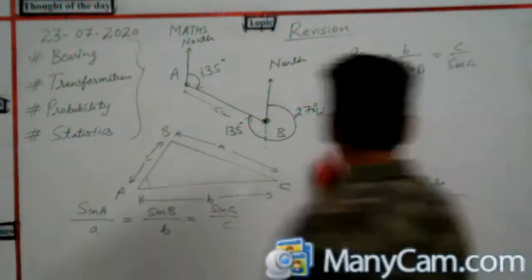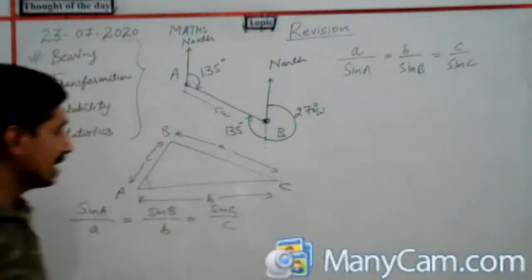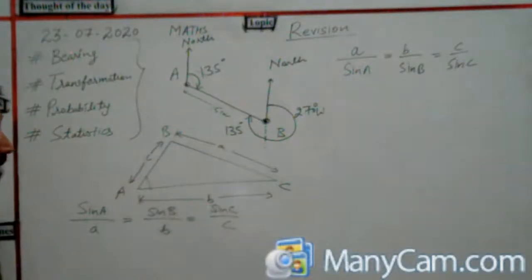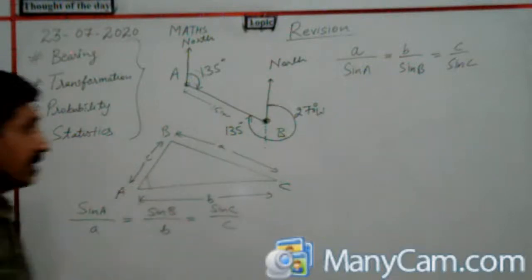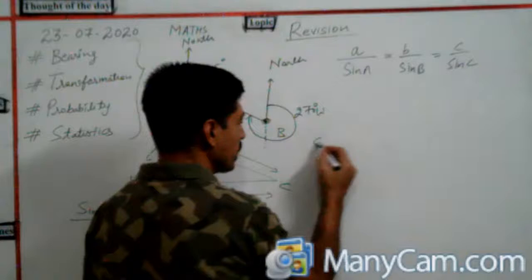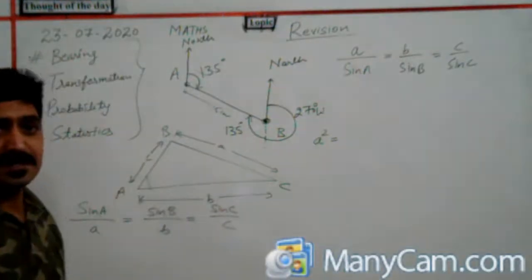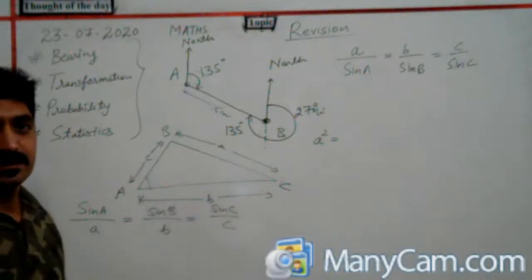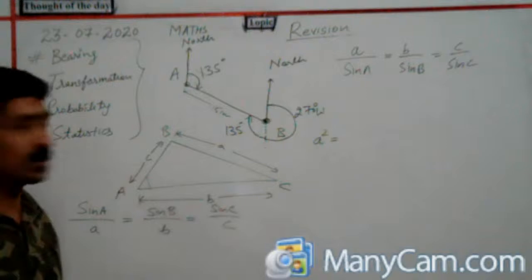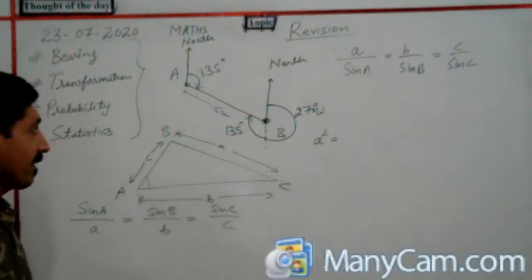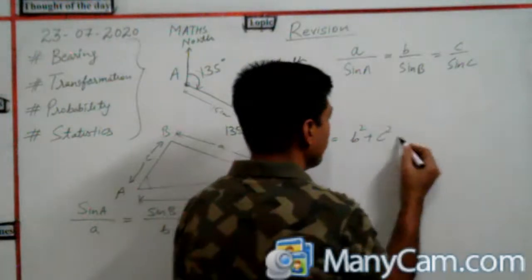Whereas the cosine rule, for these lengths a, b, c, if you want to find the length a, then we write a squared is equal to b squared plus c squared minus 2bc cosine of A, right?